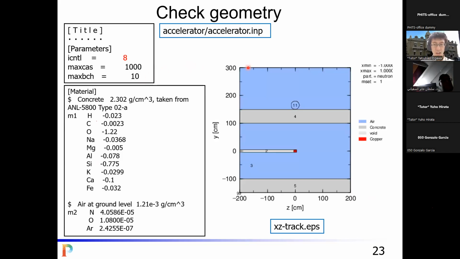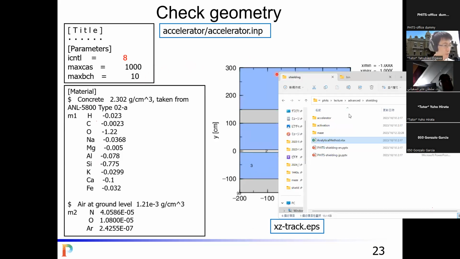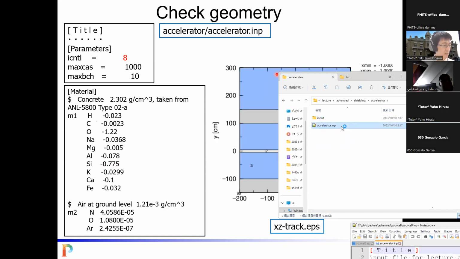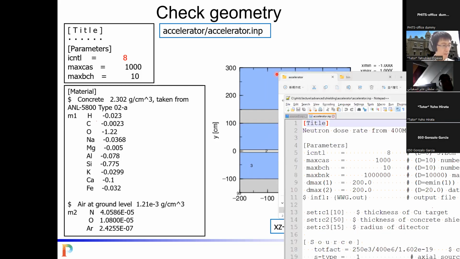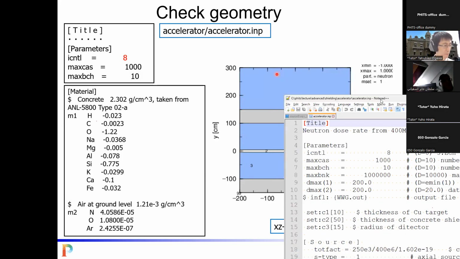First, let's check the geometry. Please go to the accelerator folder and please open accelerator.inp. This is the input file to start with.